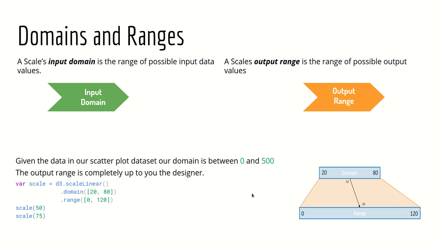All your data points are between 20 and 80. Your graph runs between 0 and 120. So we define a scale, we pass in our domain, we pass in our range, and then we can call that function, passing it a value, and it will match up a relevant value for our graph.